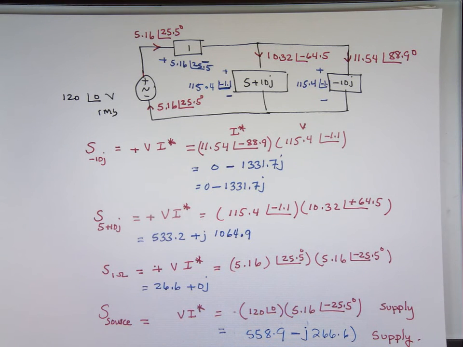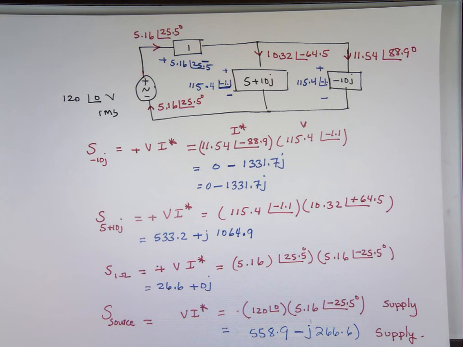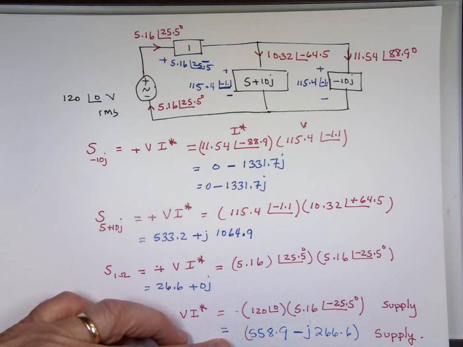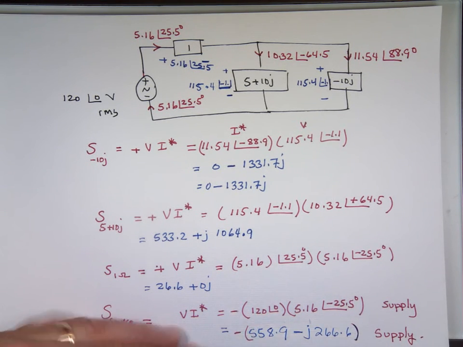Let me see if they're saying how much power supplied or absorbed. They say absorbed, so they probably just multiply that last one by a negative. To make that number now supplied, we multiply it by a -1. Remember, minus means supply. So I had the minus here, but I don't know why my numbers were wrong. If you multiply this by a minus to indicate it's being supplied, you can. And if you do the math, your answer becomes what?